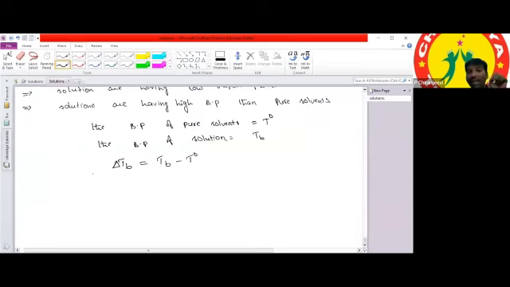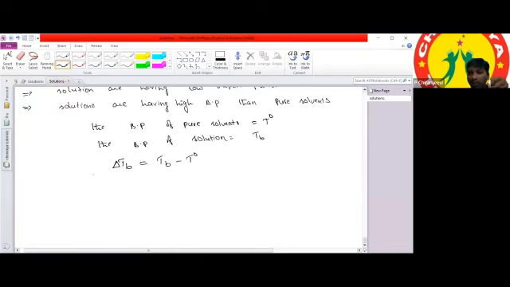Elevation of the boiling point temperature can be represented with delta TB.